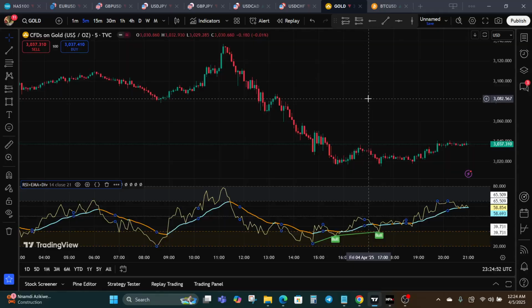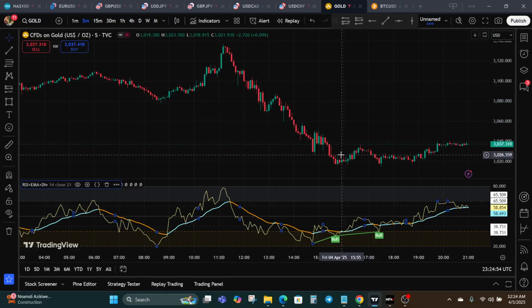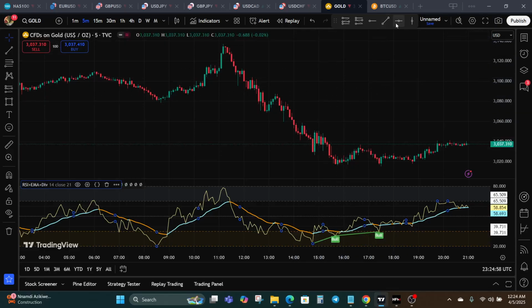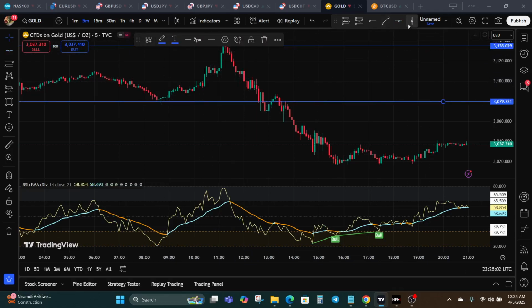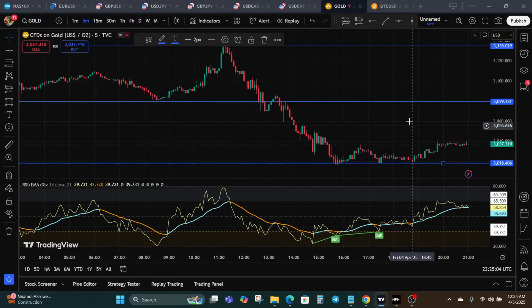When you combine this RSI with simple price action like support and resistance zones, or candlestick patterns, you will start seeing clearer setups.